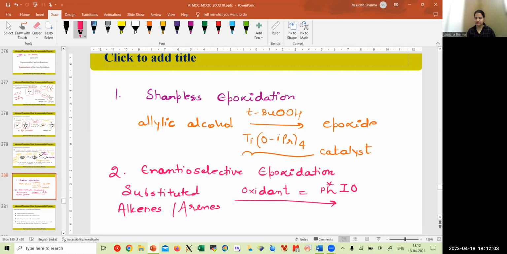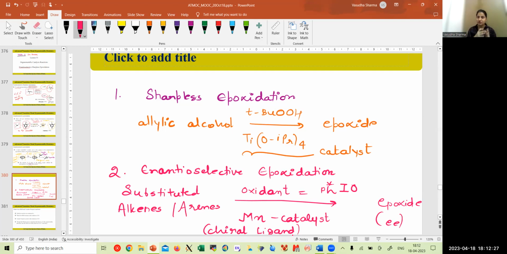You have seen what PhIO I am mentioning, and in the presence of a manganese based catalyst, which contains a chiral ligand, it will also give you the epoxide with enantiomer selectivity. So this was about the epoxidation.